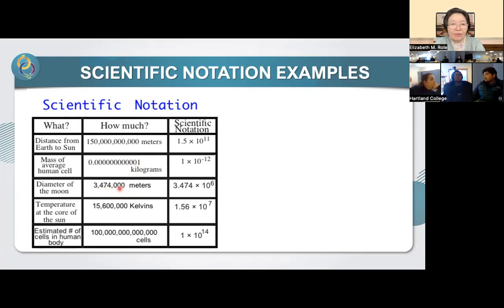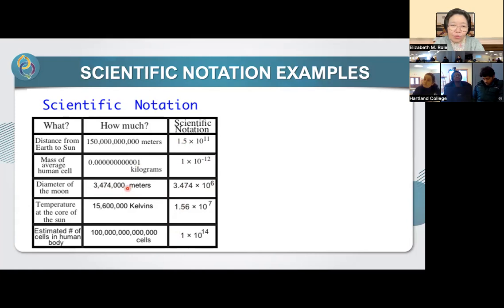So that's 10 to the 6. So you move and put the decimal between the 3 and the 4 in 3.474 because you only need a value that is less than 10. Yeah. Are you okay?